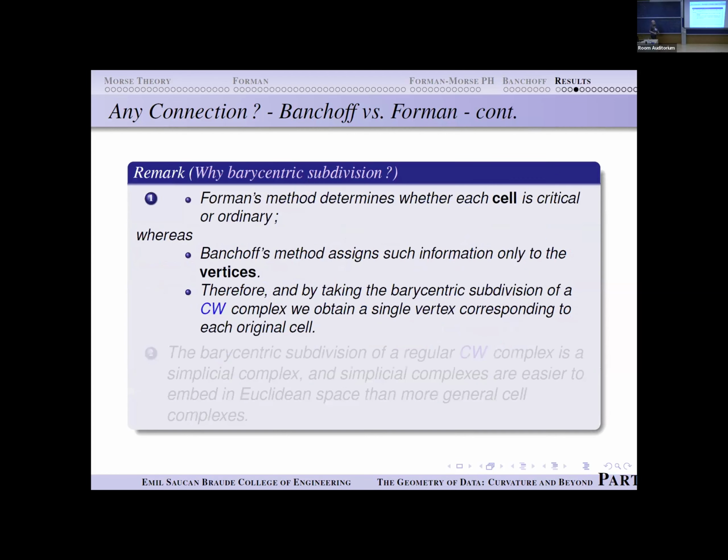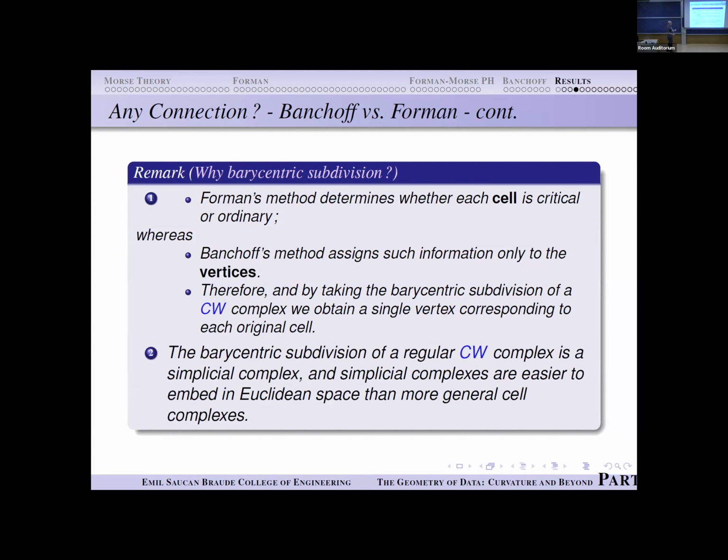Okay, and then we saw that they are not quite the same. So in one sense, you pass the dual, so there is a natural way of going back and forth.